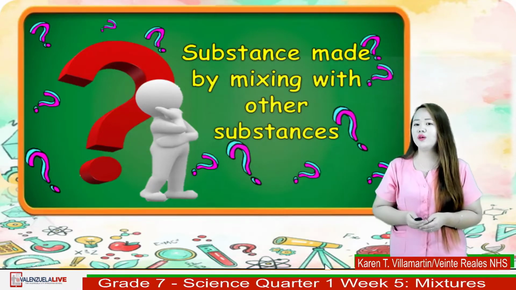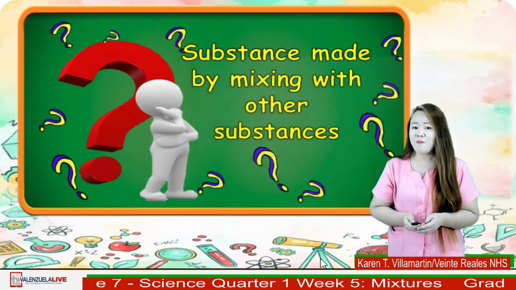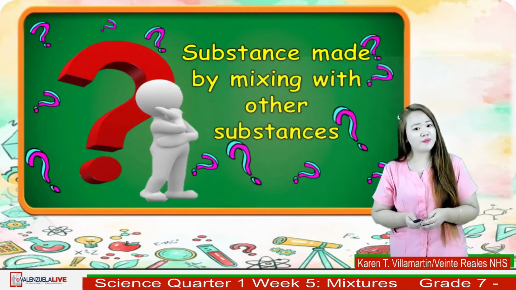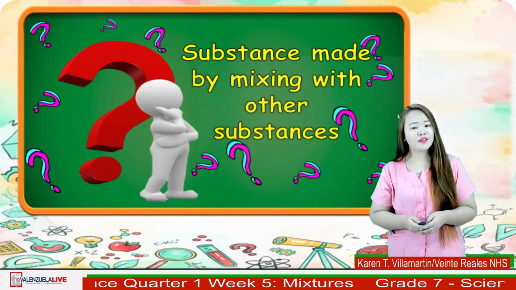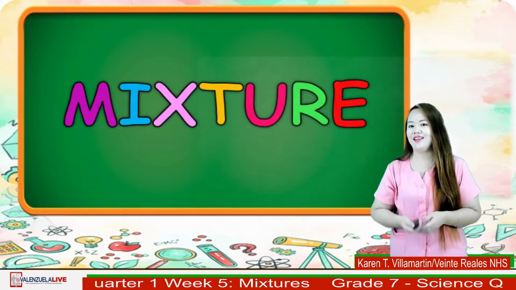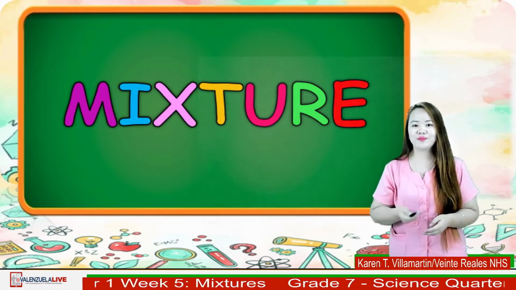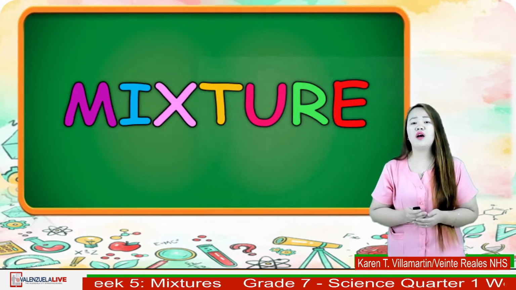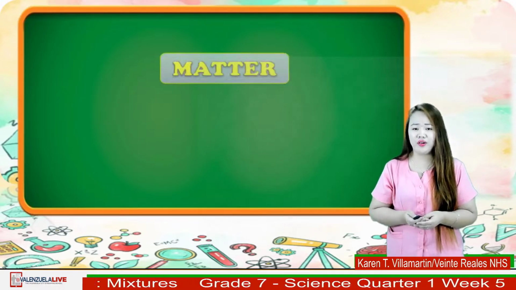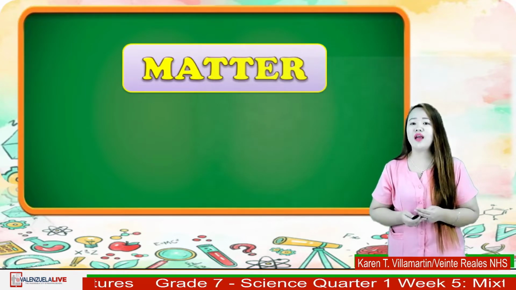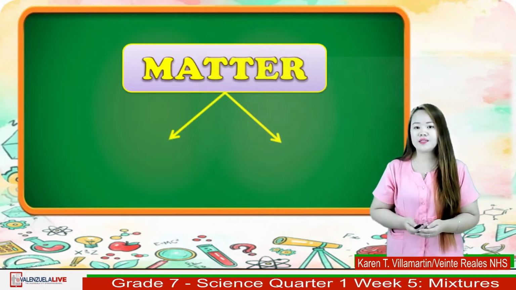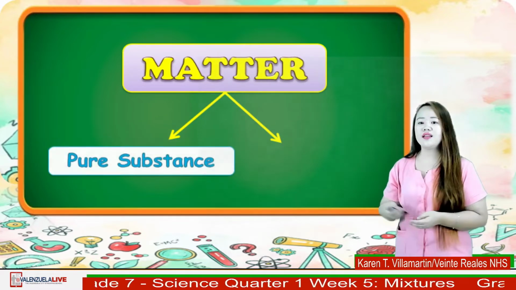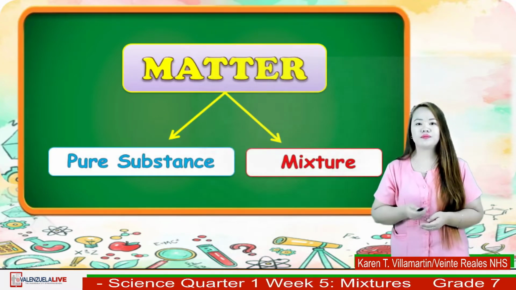Therefore, what do you call a substance made by mixing with other substances? Mixture. Mixture is one of the classifications of matter. Matter can be broken down into 2 categories: pure substance and mixtures.